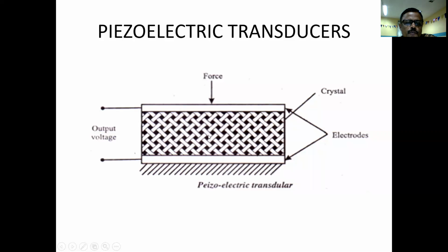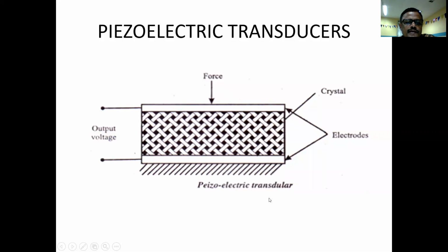Even the reverse is true. When voltage is applied, the crystal starts vibrating. So when a piezoelectric material is subjected to vibration or a force, the voltage is generated.